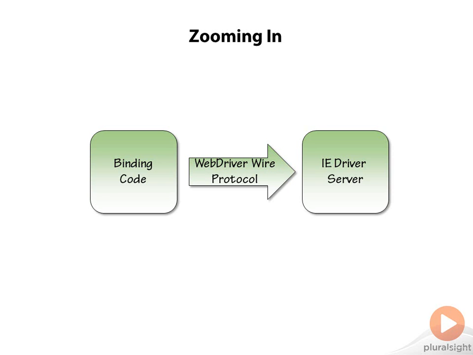So we can actually even just send HTTP requests, we can send posts and gets to what is a driver server. And this driver server is just a little executable that runs. Each one of the drivers has this driver server that basically listens on a port on your local machine when you run your tests, and it's waiting for these commands to come in. And when these commands come in, it interprets those commands and then automates the browser and then returns those results back.